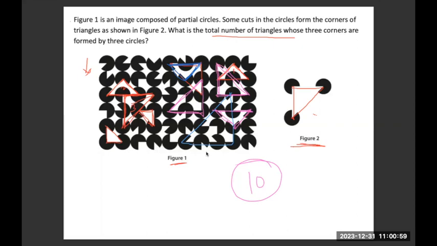Ideally, it should be 11. That actually works. Sorry. But they have not considered this when they gave the answer key. When they gave the answer key, they had not considered this big triangle. Ideally, it should be 11. And nobody has raised this, but good observation.